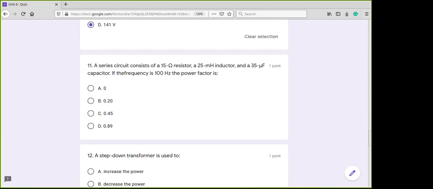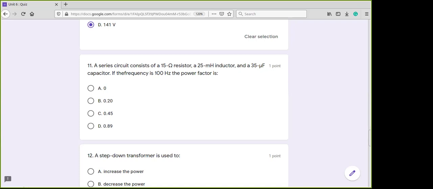Let's see question number 11. A series circuit consists of 50 ohm resistor and 25 millihenry inductor and 35 microfarad capacitor. If the frequency is 100 hertz, the power factor is blank. What is power factor? Real power over apparent power.